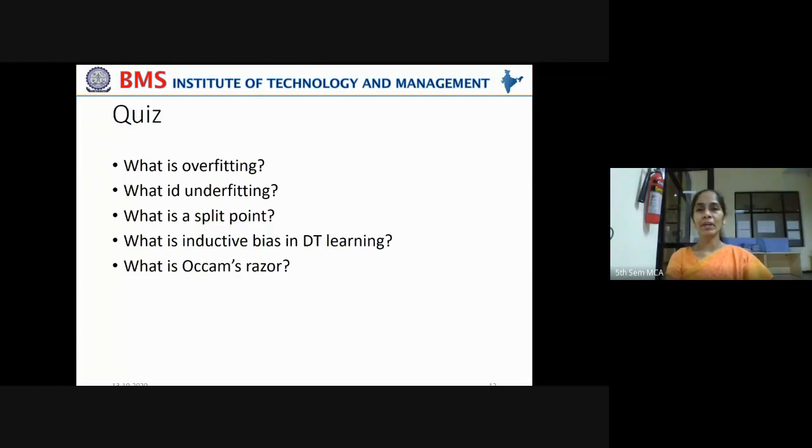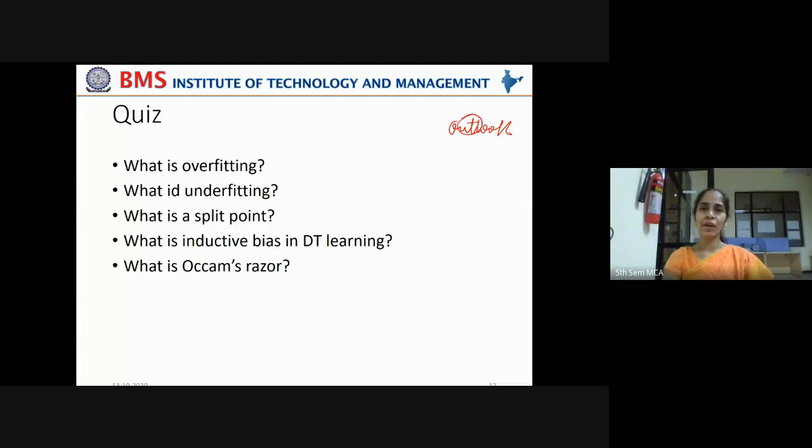Now, what is a split point in the decision tree? Say you calculate the information gain for all the attributes in the training examples and find that Outlook has the highest information gain, so you place it at the root node.